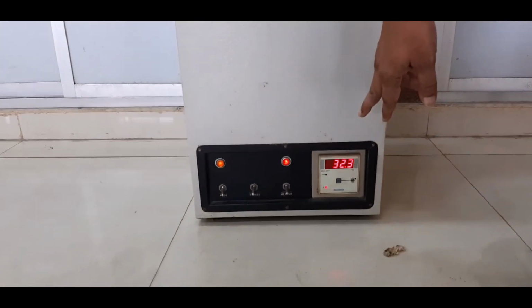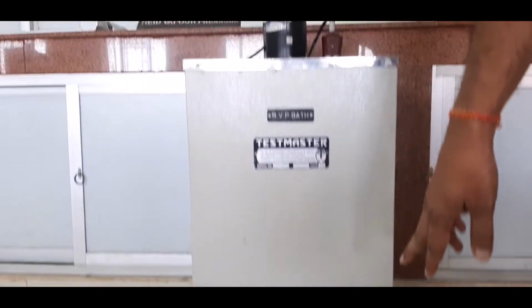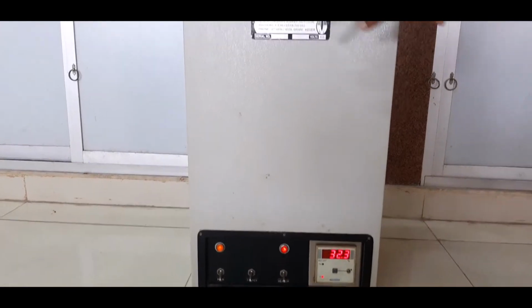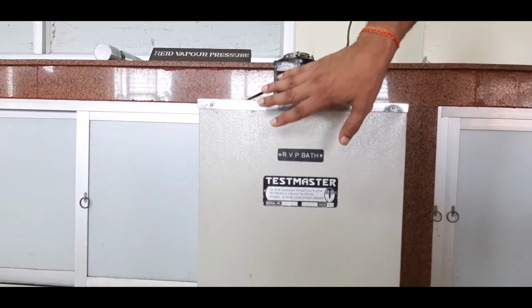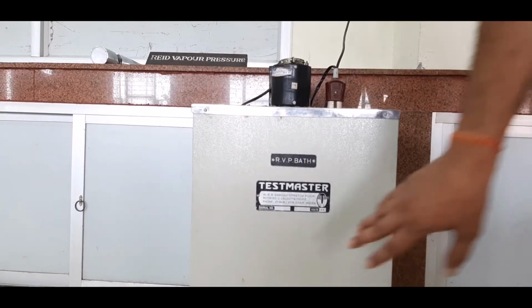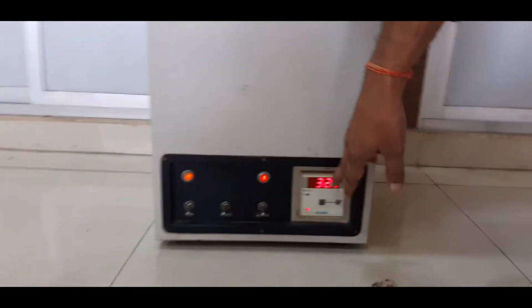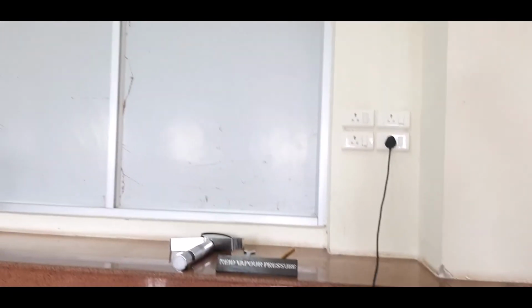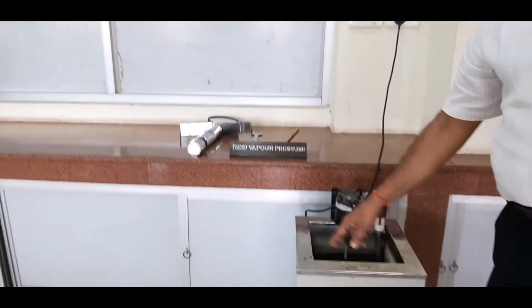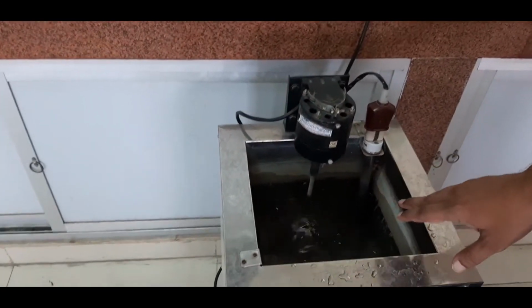There is a temperature indicator controller at the bottom, and its role is just to provide the required temperature, that is 37.8 degrees Celsius. In this panel we set the set point at 37.8 degrees Celsius, and it will automatically maintain water temperature at that value.